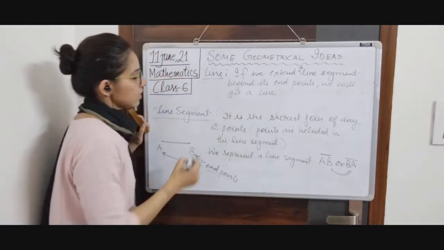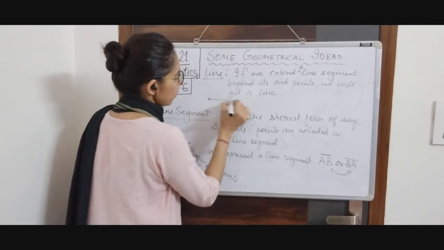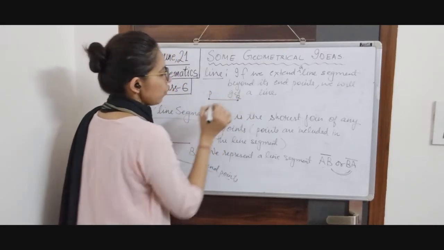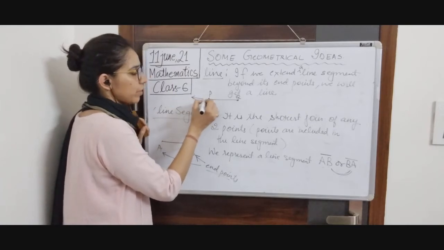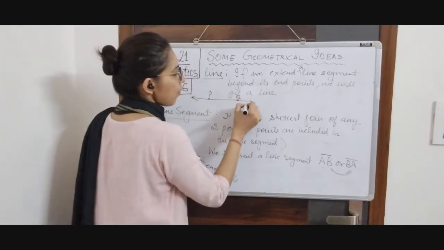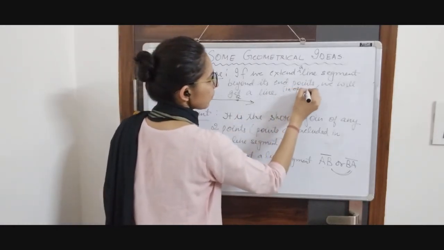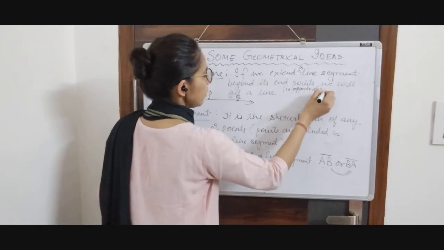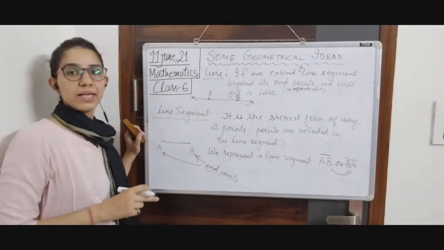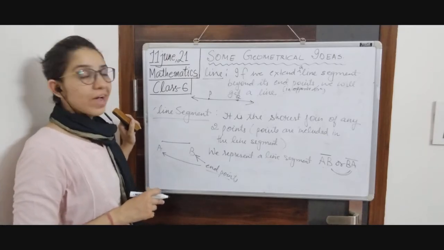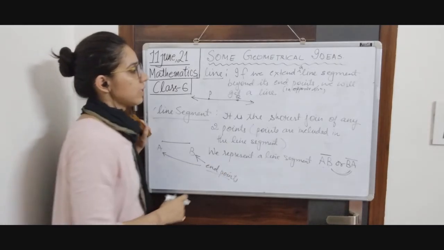Suppose we had a line segment PQ. If we extend this line segment beyond the end points in opposite direction, then this is one line, and a line has infinite number of points. It will contain infinite number of points.